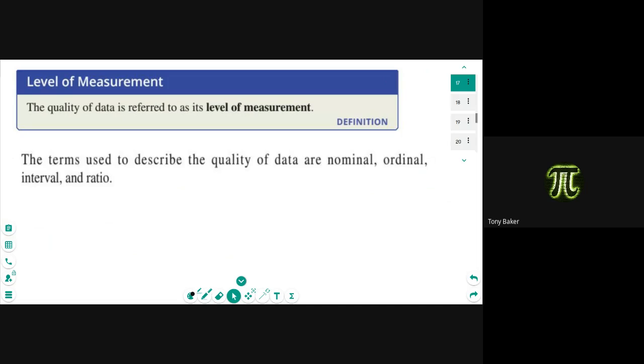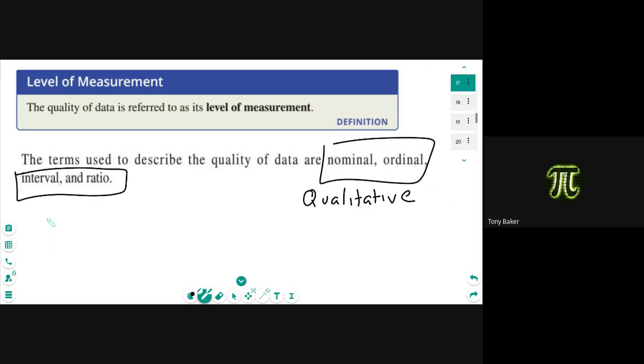So once we've determined if it's qualitative or quantitative, we can split that data into two different types. Qualitative data, the ones that are non-numeric that we cannot do math with, are either nominal or ordinal. Those are qualitative. Interval and ratio are quantitative.